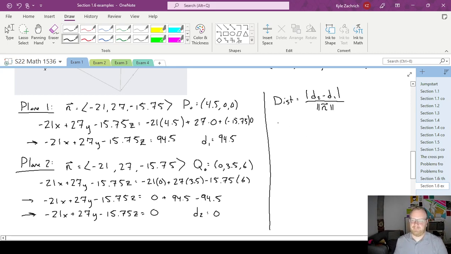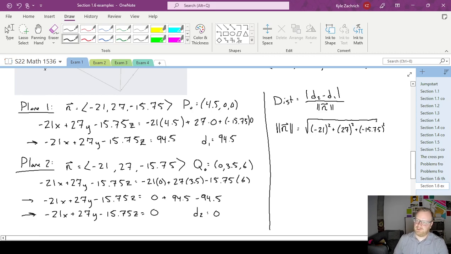So anyway, let's find the magnitude of that normal vector. The magnitude is going to be equal to the square root of negative 21 squared plus 27 squared plus negative 15.75 squared.